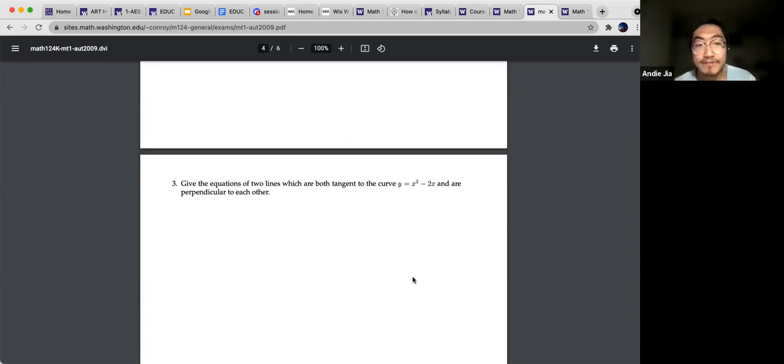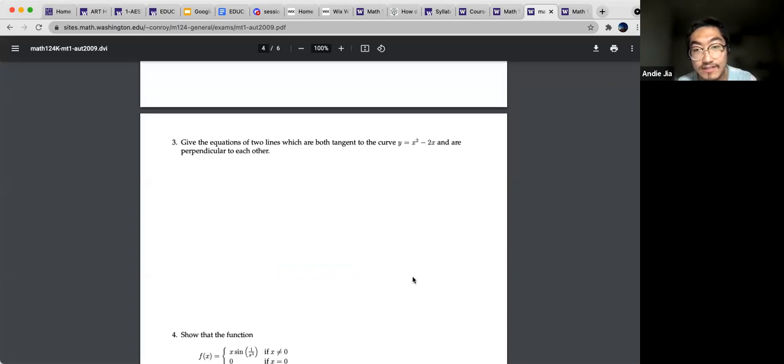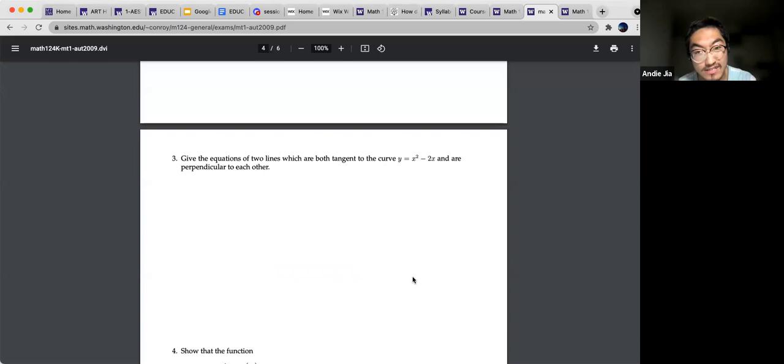Give the equation of two lines which are both tangent to the curve and are perpendicular to each other. The tangent line is the derivative over here.